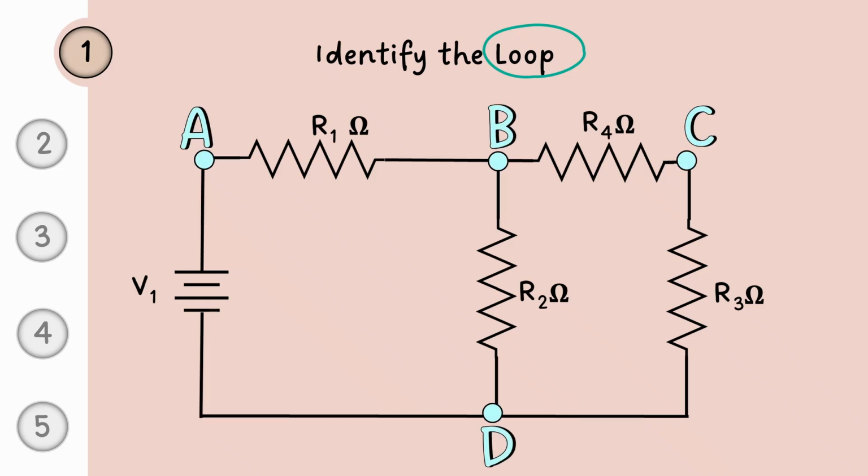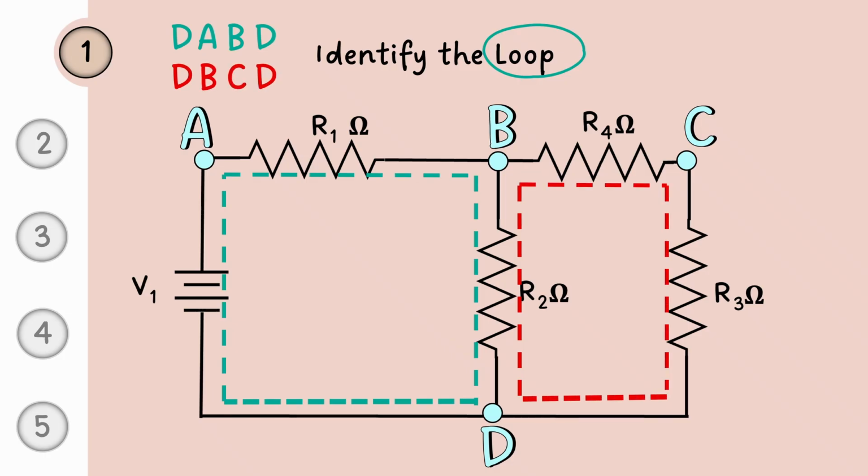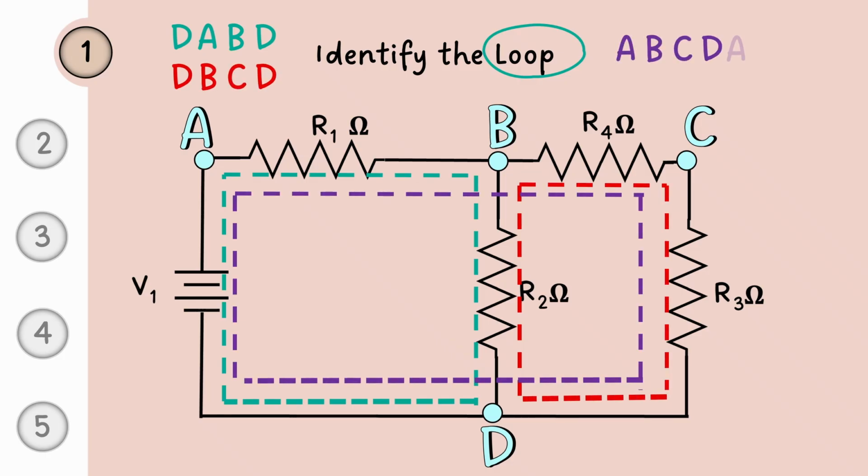Look at this circuit. Here, the nodes D, A, B, D form one loop. D, B, C, D is another loop. A, B, C, D, A is another loop. Totally, in this circuit, we have 3 loops.